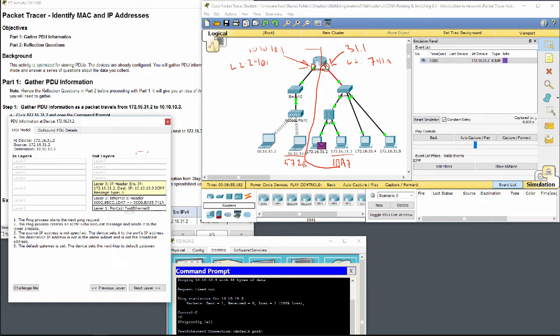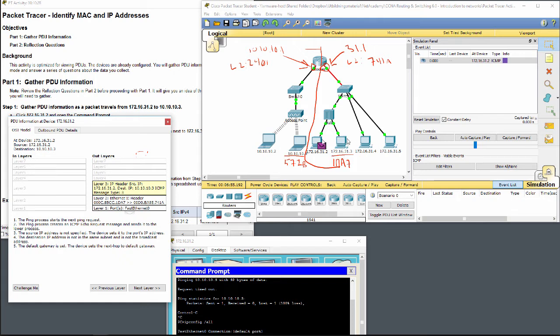So the layer 3 destination is the end machine on the other side of the router, but on layer 2 the destination address is 741A, and it comes from the source layer 2 address 1DA7, which is the machine.